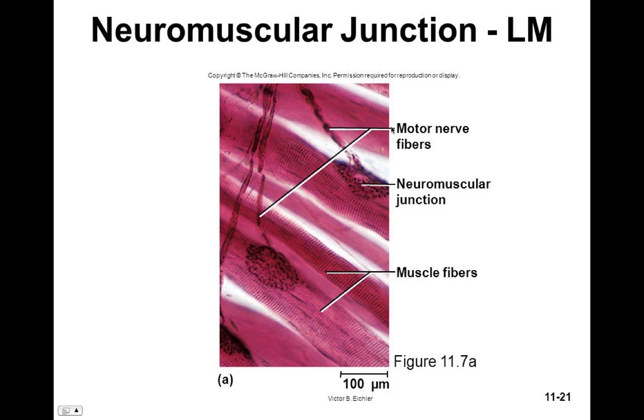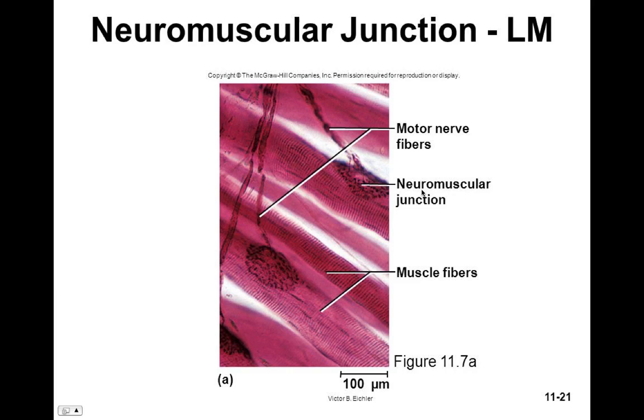So when you look at it underneath the microscope, you're going to see they're calling these the motor nerve fibers. These are the axons. Here's the muscle fiber. And this part here where the axon meets the muscle fiber is called the neuromuscular junction.